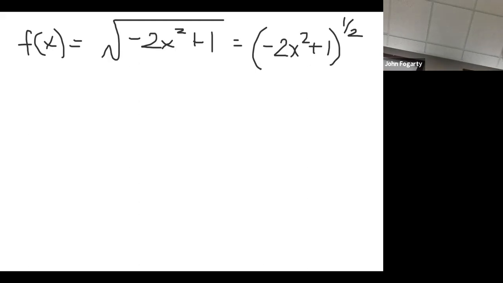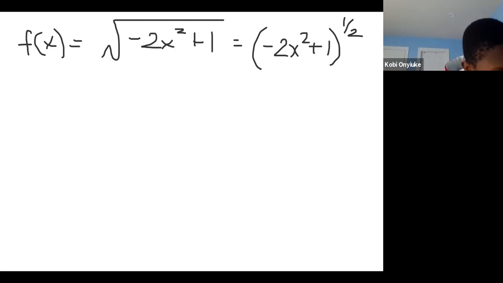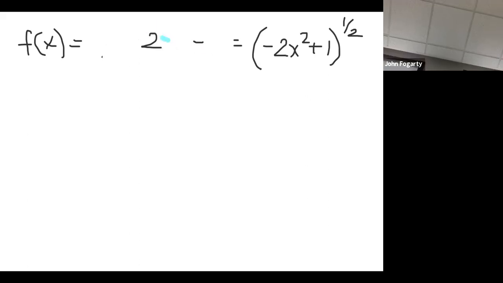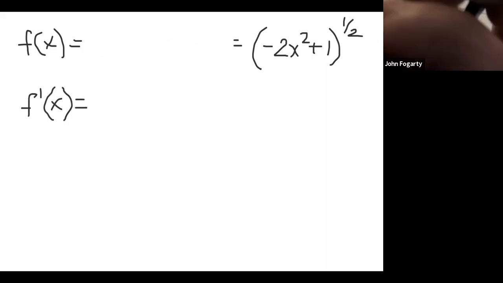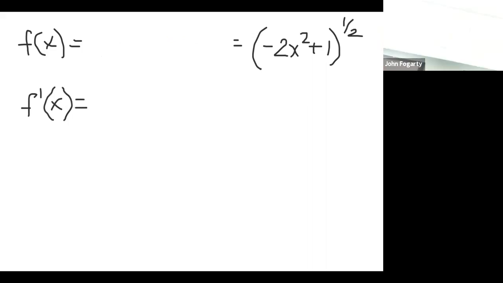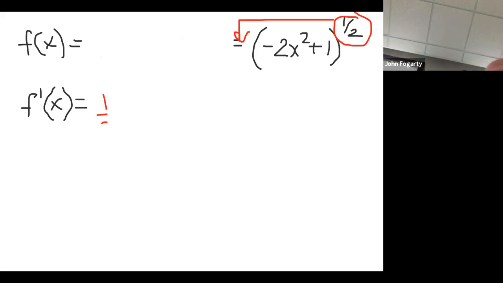Is that what you would do first? Yes, sir. Because now I'm just going to use my rules. I want to do the outer and then the inner. So I'm going to take my little half, bring it out front, but it's not of x, it's of what's inside the parentheses.